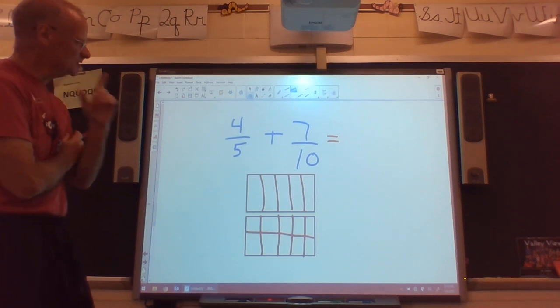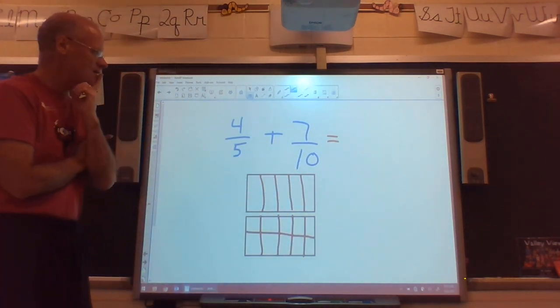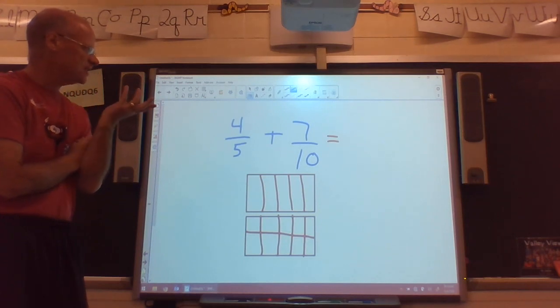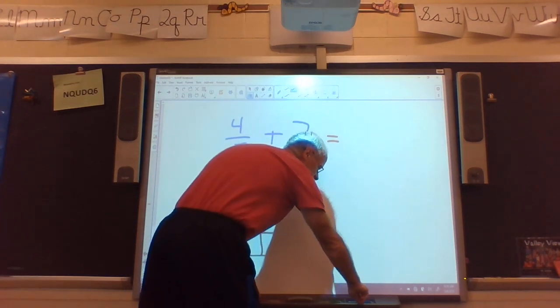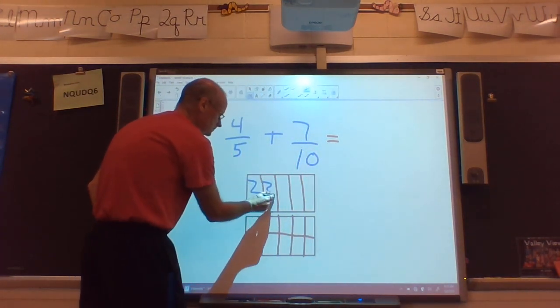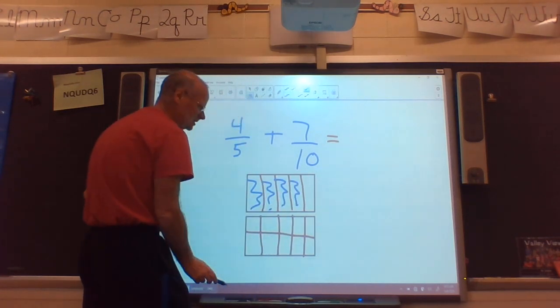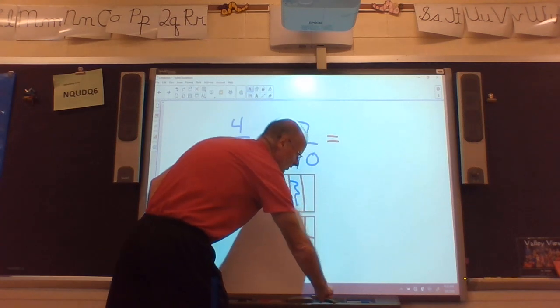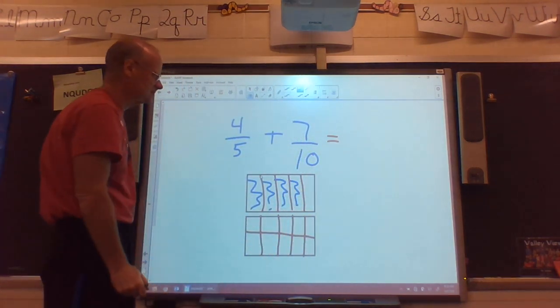And we just figured out that I can't add together fractions whose denominators aren't the same. So I'm going to go like this. I'm going to cover in my 4/5 here. And I was just thinking, when I cut my fifths in half, I got tenths.